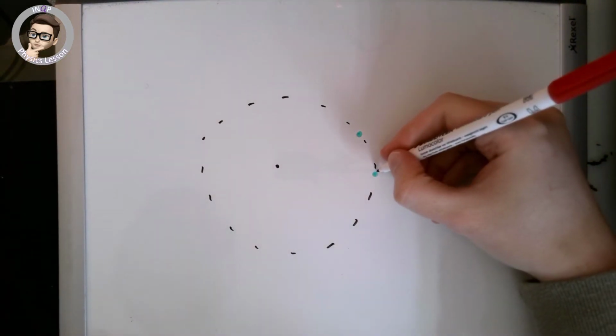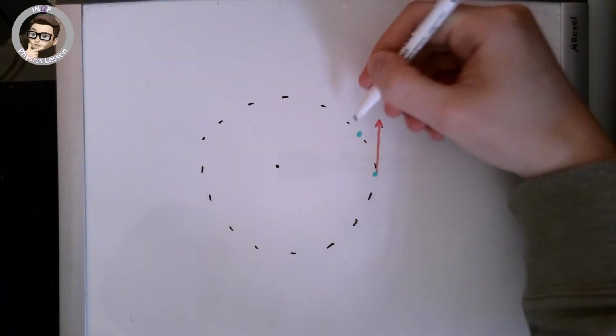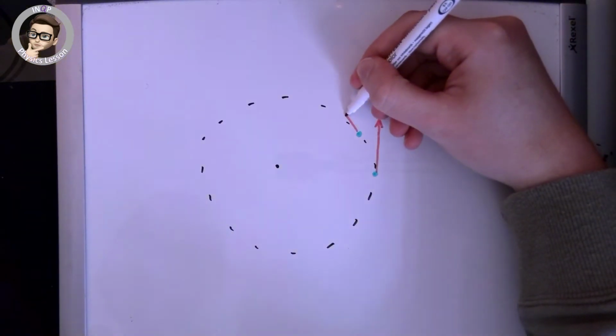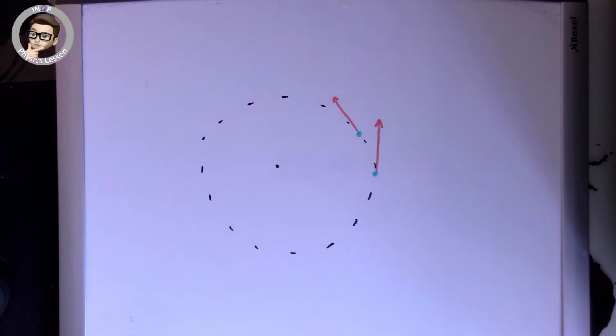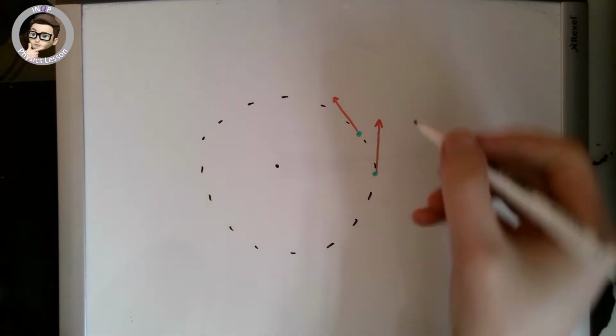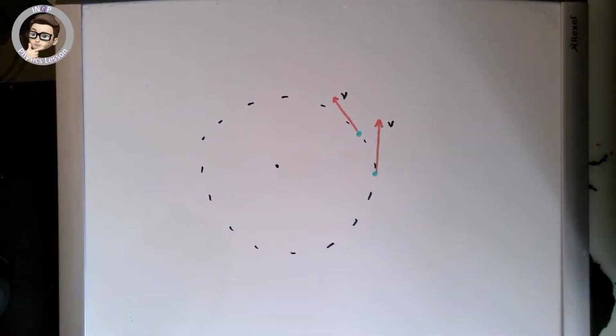Because speed, remember, is a scalar, not a vector. So the length of these arrows would be exactly the same, seeing as they are the magnitudes of our velocities, but the direction has changed.